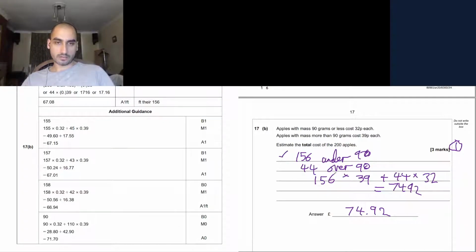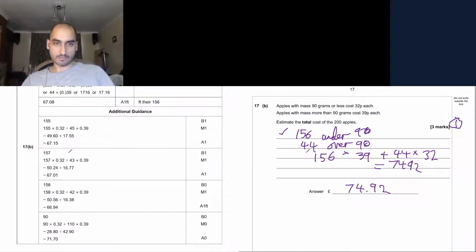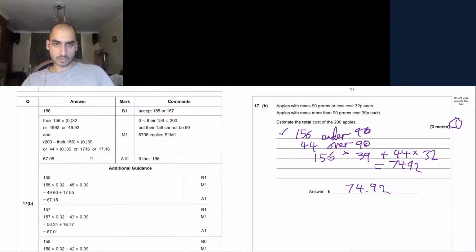Wait, okay, no, I might actually get a mark for... Okay, so this is where it went wrong. Do I get a mark for... So it's saying if you used a different number instead of 156, then you get an accuracy mark if you use your number correctly.